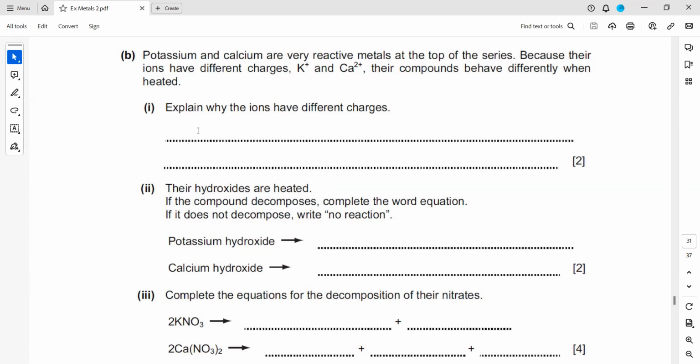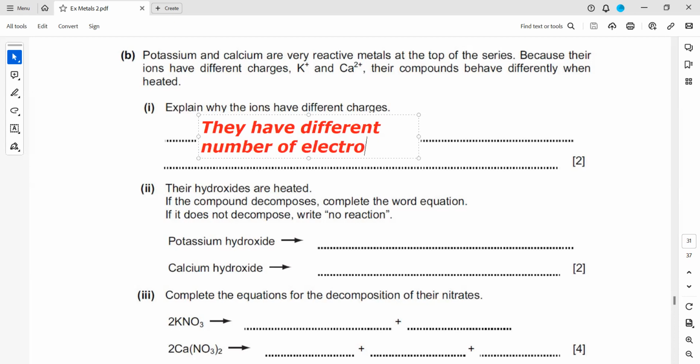So why do the ions have different charges? For example, why do we say potassium is +1, but calcium is +2, and aluminium is +3? What is the reason for that? Because they have different numbers of electrons in the last shell, or valence shell.